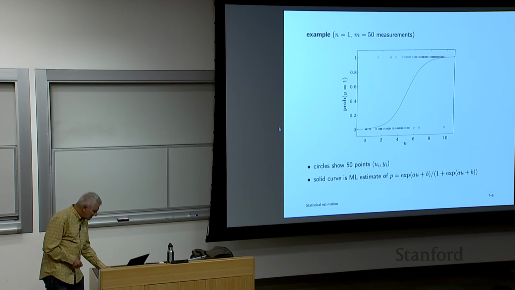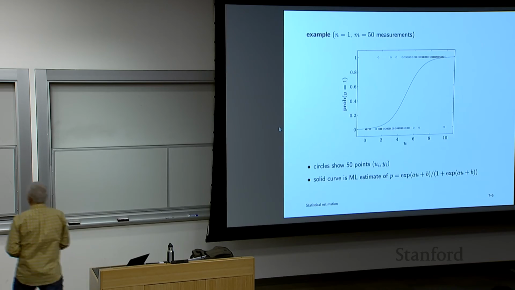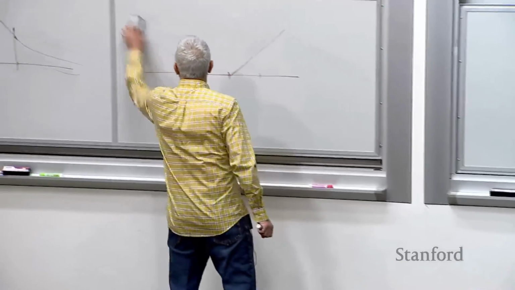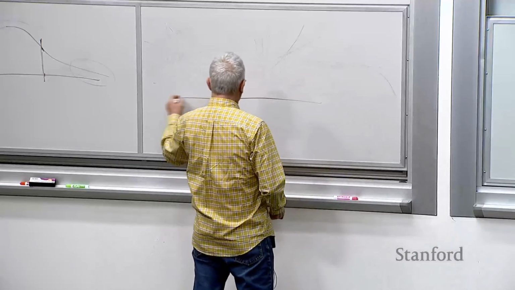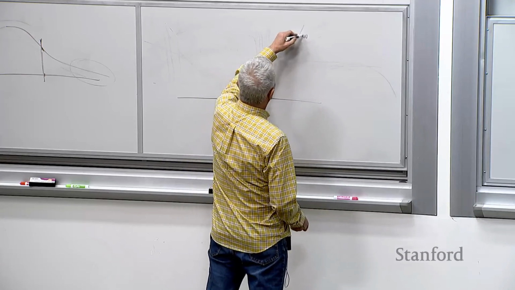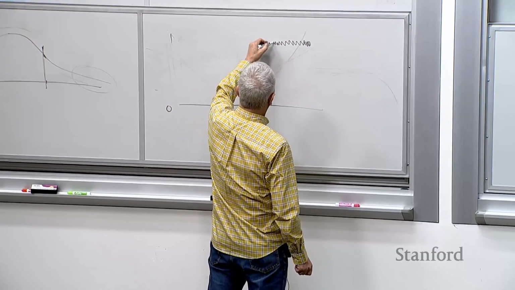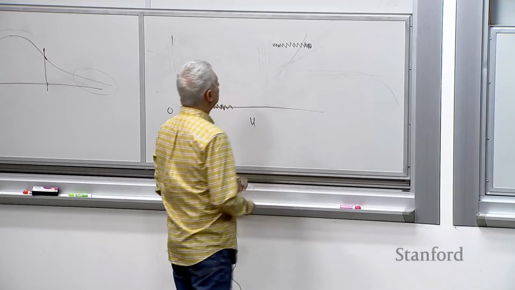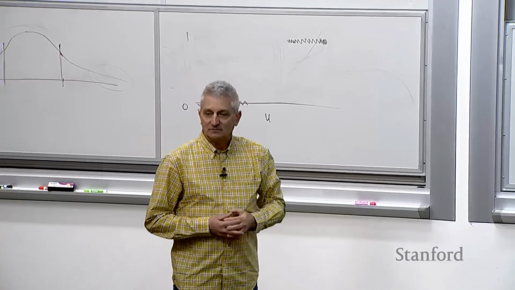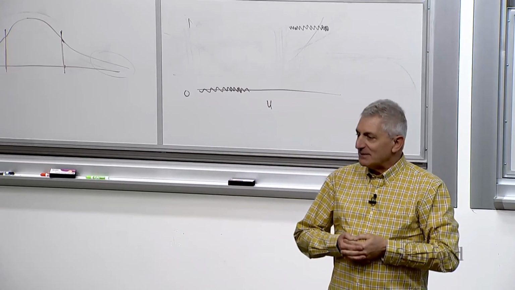Let me ask you a couple of questions about this. What if the data actually looked like this? Here's U. And suppose it looked like here's 1 and here's 0. And suppose there's a whole bunch of points along here, right? And then there's a whole bunch of points along here. So a couple of questions. What does it mean?